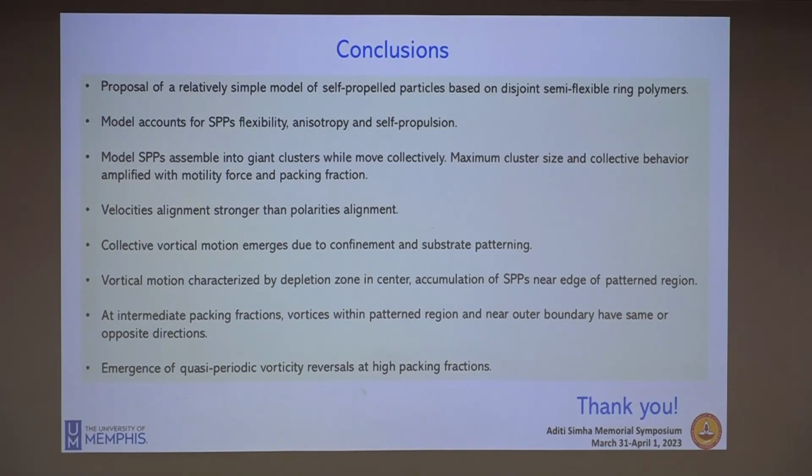In the case of a uniform substrate, you see the usual collective behavior, clustering and collective motion of the particles. And when there is a patterned substrate, then one observes interesting vortical collective motion, with chirality reversals of the vortices, as well as quasi-periodic vorticity reversals at very high packing fractions.